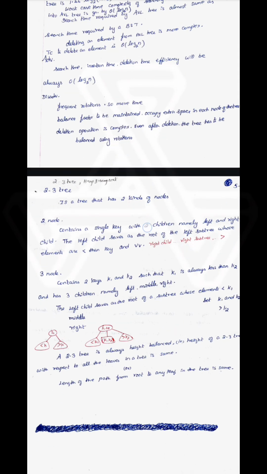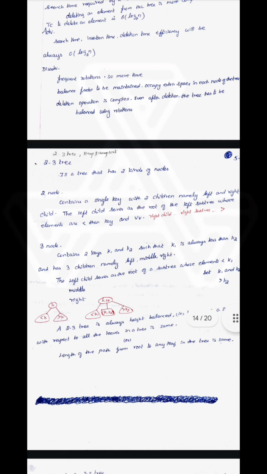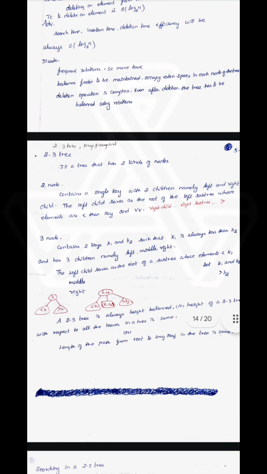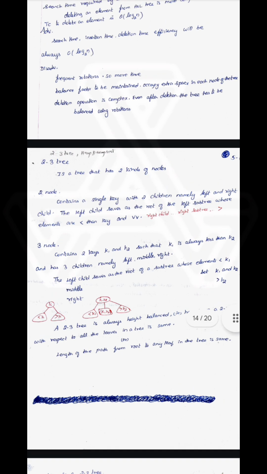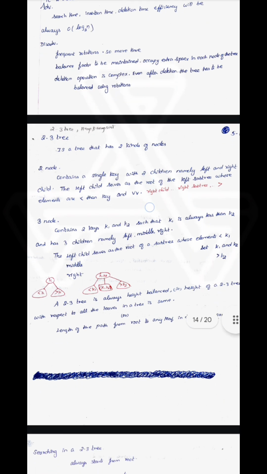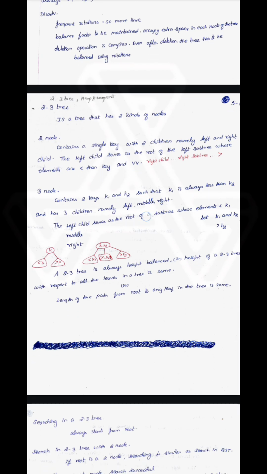Search time, insertion time and deletion time efficiency will always be big O of log n to the base 2. Disadvantages: frequent rotations, so more time; the balance factor has to be maintained, which occupies extra space in the node of the tree. Deletion operation is complex. Even after deletion, the tree has to be balanced using rotations.